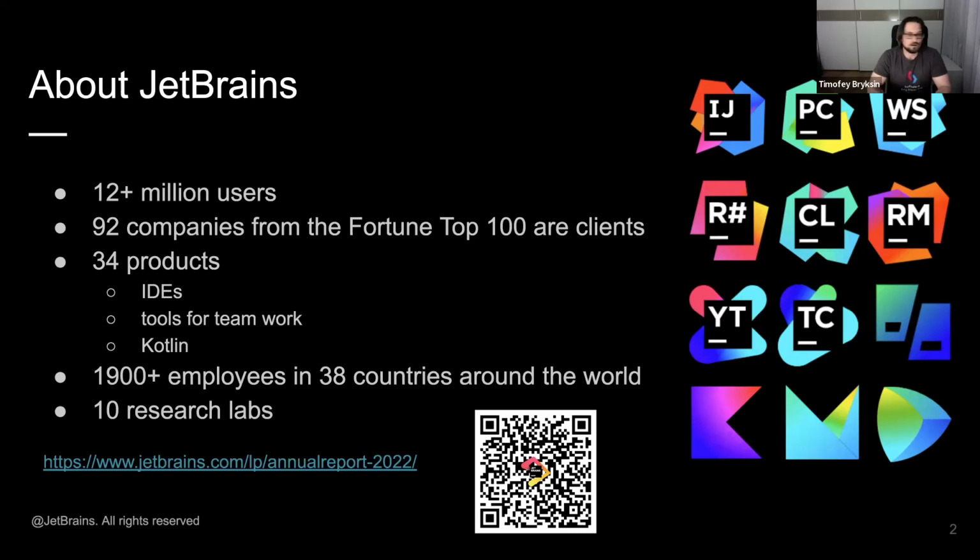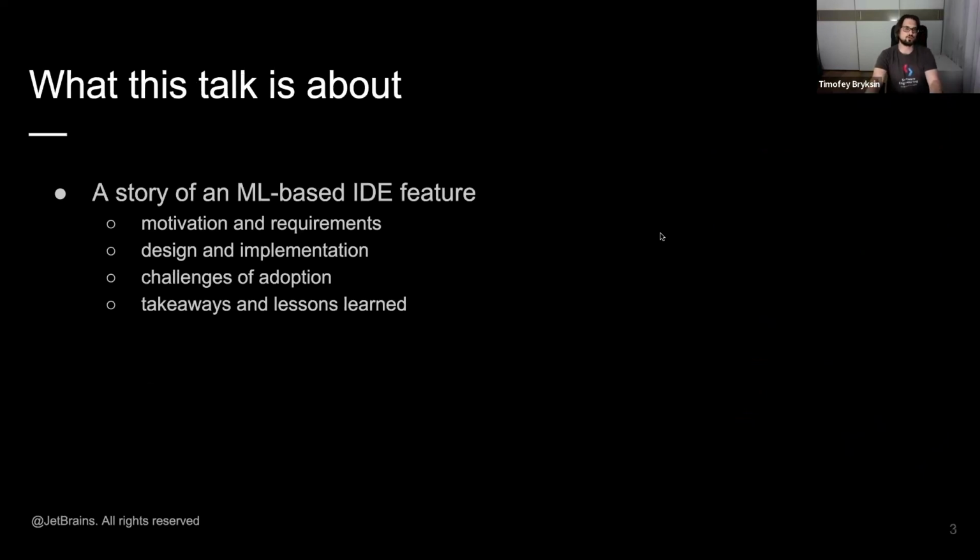We had a lot of experience with static analysis tools, and we've been developing them for many years now. But at some point, we realized that we have a lot of data, and this data could also be helpful to us. So today, I'm going to talk about one of the features of our IDEs that heavily relies on machine learning.